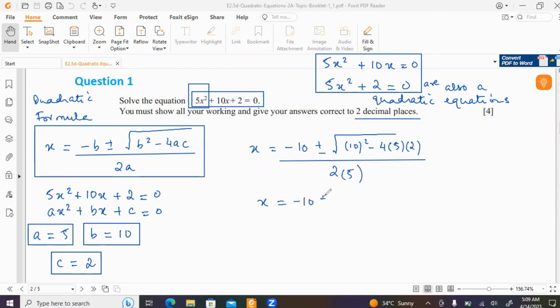So negative 10 plus minus, that's going to be 100 minus 40 over 10, which is going to give us square root of 60 over here.